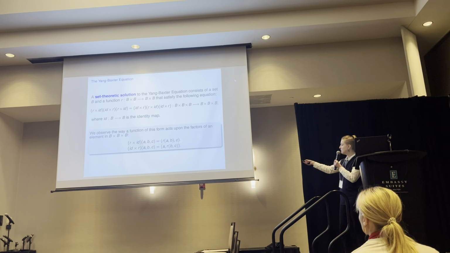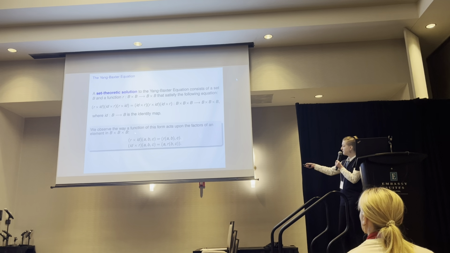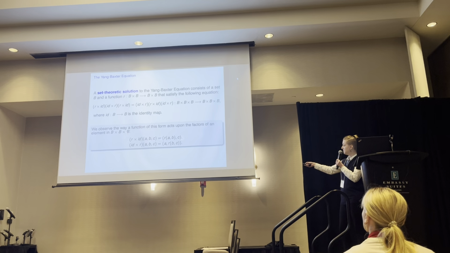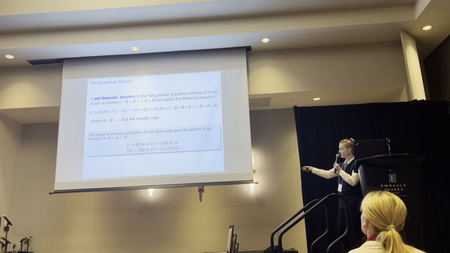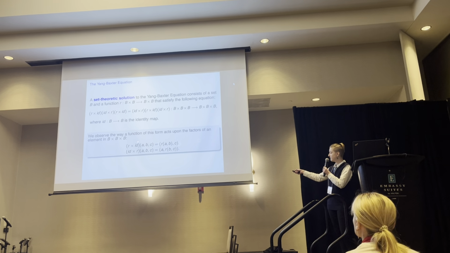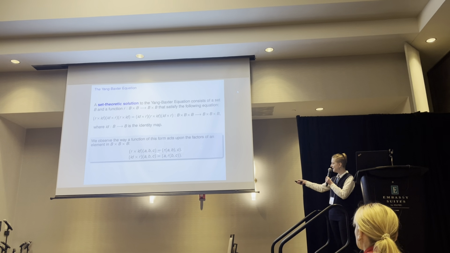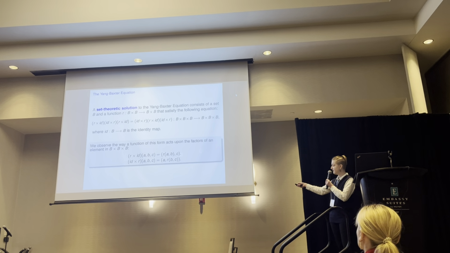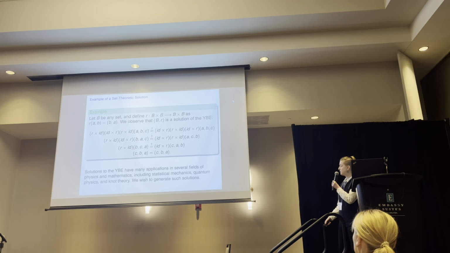R takes two elements because it takes inputs from B cross B. So for an element of B cubed, or B to the third power, if R comes first, it acts on the first two elements, A and B, and the identity will leave C fixed. If the identity comes first, it will act on the first factor A, and R will leave B and C fixed.